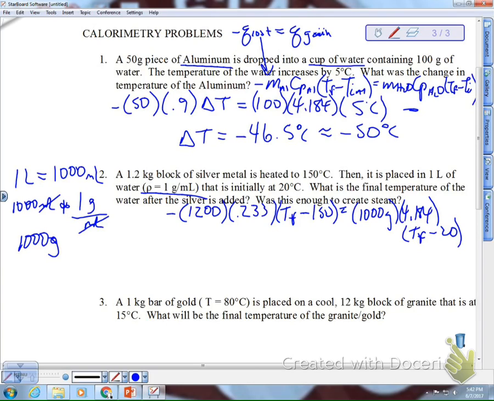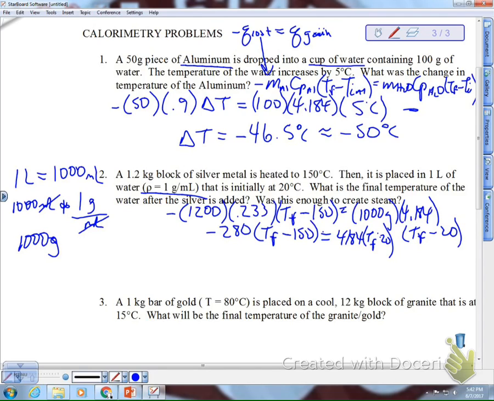I'm going to simplify both sides first and get negative 280 times TF minus 150. And that's going to equal 4184 times TF minus 20. At any time, stop this. Make sure you follow the algebra.